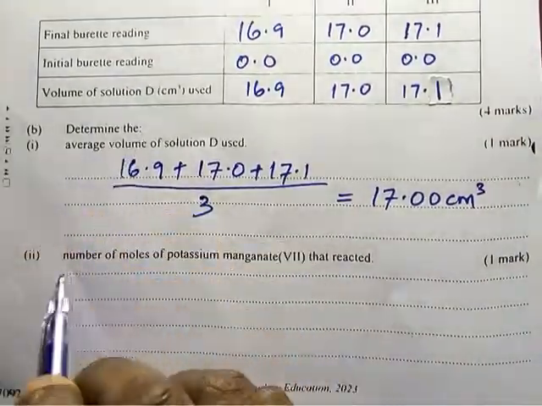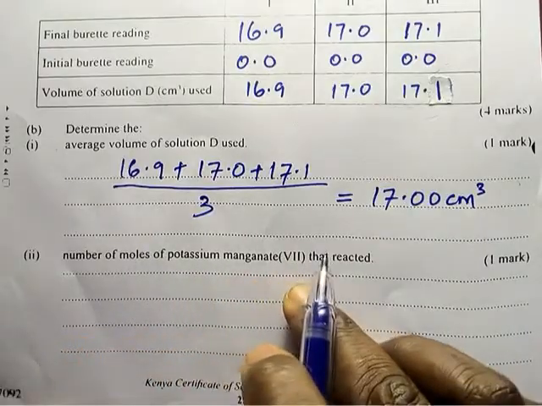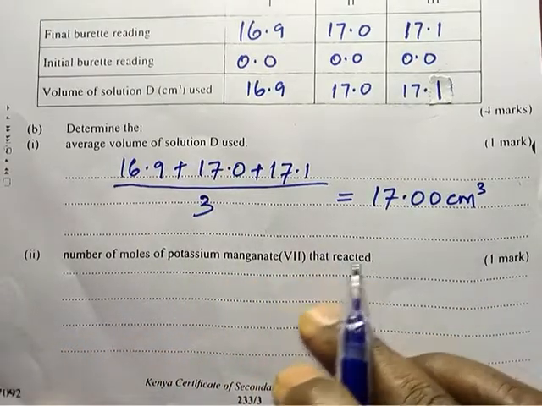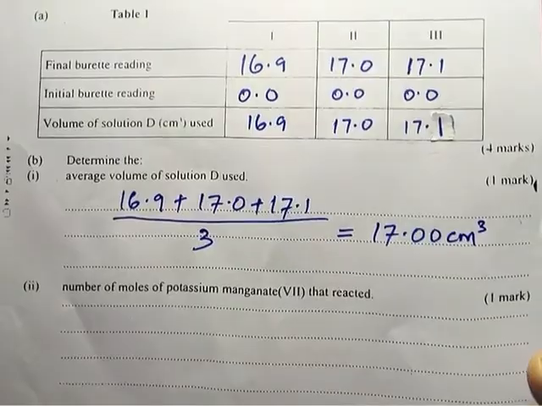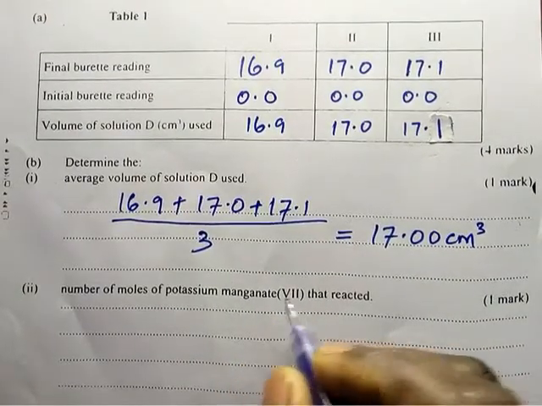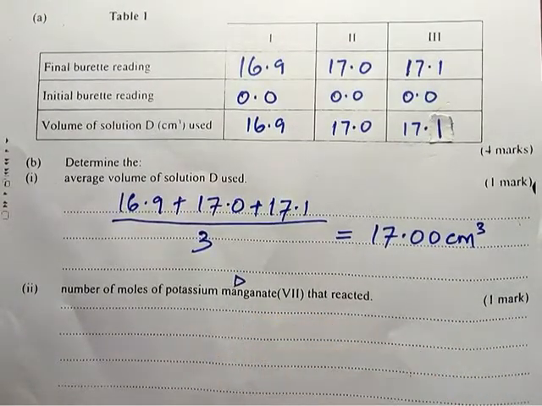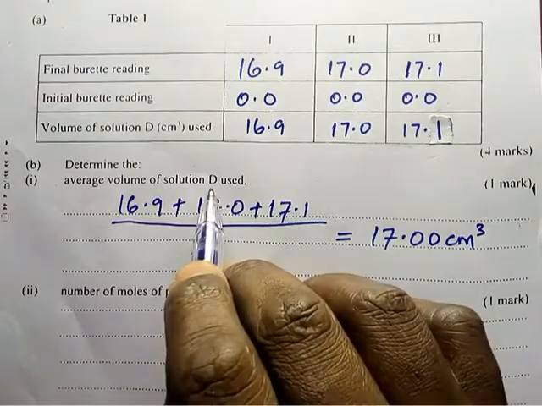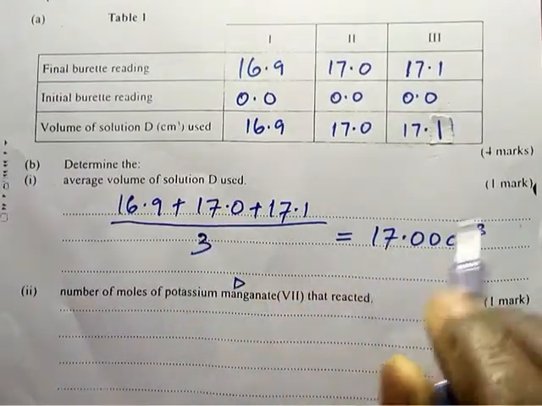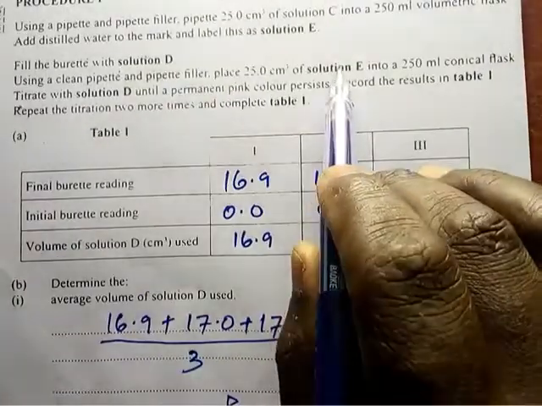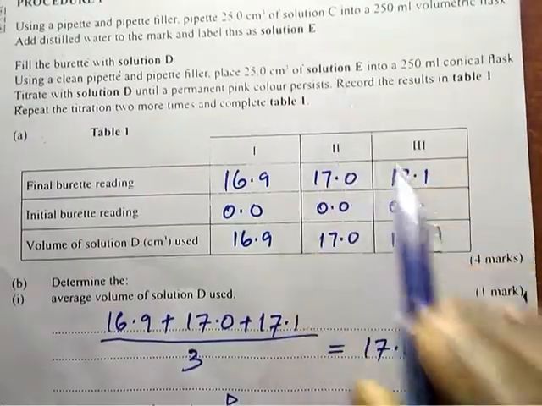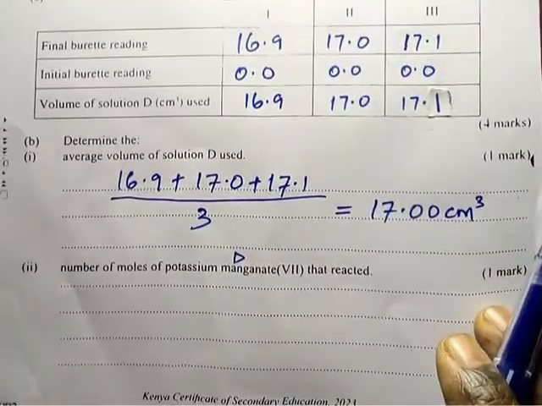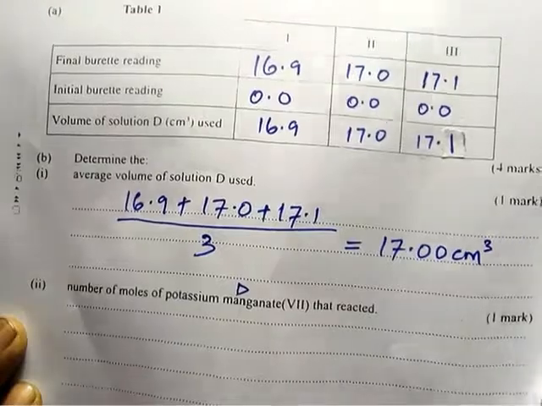Calculate or determine the number of moles of potassium manganate(VII) that reacted. Remember, manganate(VII) is solution D. So for solution D, the volume is this, and it reacted with solution E that we diluted. But what do we know about manganate(VII)?